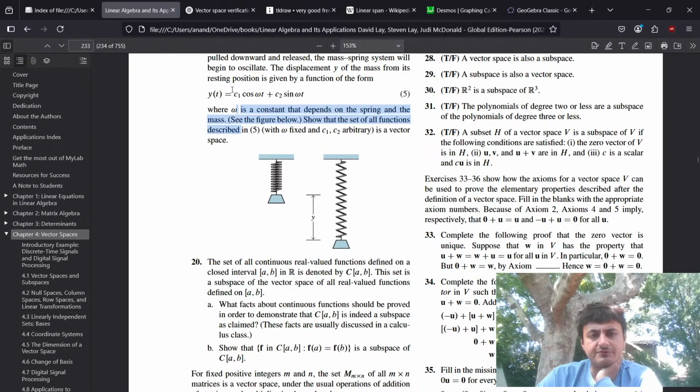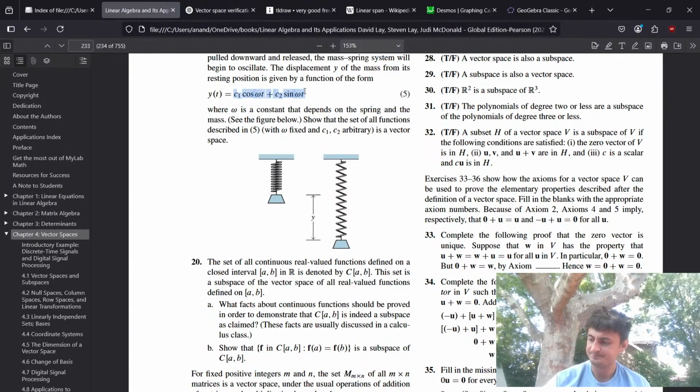So first off, we can get a 0. We have 0 because we take C1, C2 equal to 0. It's closed under plus because then you just get C1 plus C3 times cos, plus C2 plus C4 times sine.